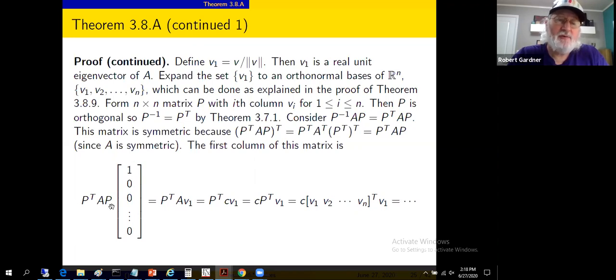We do inner products with rows and columns when we take matrix products. So in fact, what you would keep is the first component of the first row, the first component of the second row, the first component of the third row, and so forth. You'd keep the first column. That's what it amounts to. So multiplying by this matrix pulls off the first column of P transpose AP. We're going to show, next slide, that this is something particular.